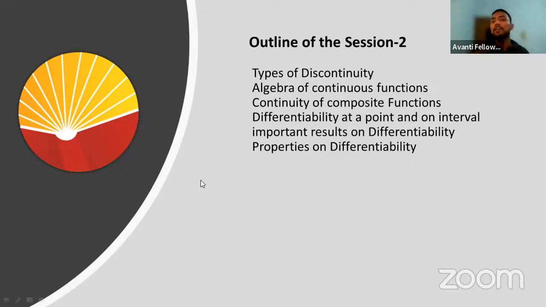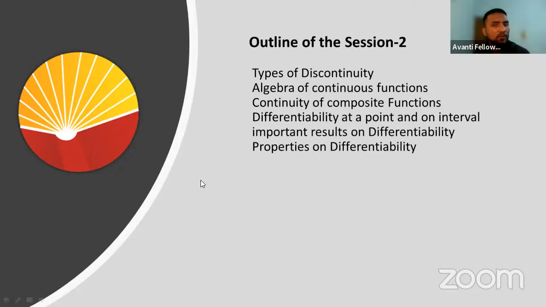If all are equal, then we can call the function continuous. And if any of the criteria is not fulfilled, then we will say that the function is discontinuous. Simple: the function which is not continuous is discontinuous.